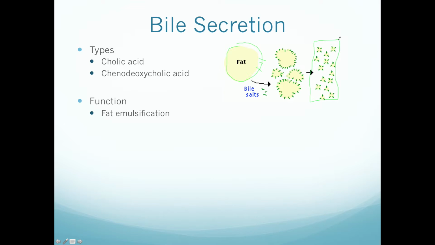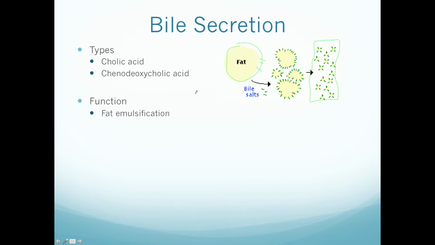In the case where somebody has bile salt insufficiency, where they are either not making enough bile, there's a blockage of bile flow, or they've overwhelmed their bile stores by having a very high-fat diet, the fat, instead of being broken down, will remain as fat.